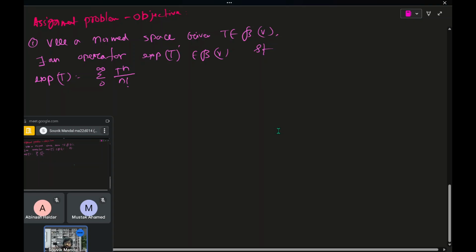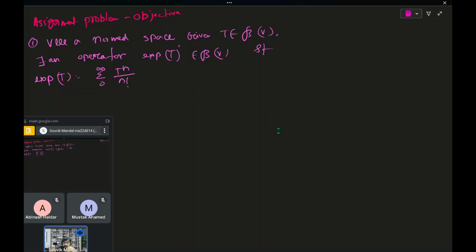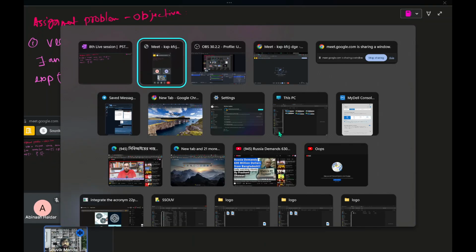Now think about how to solve or attack this problem.